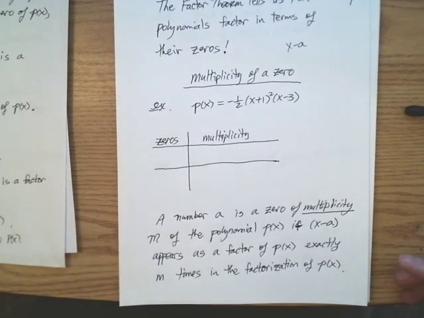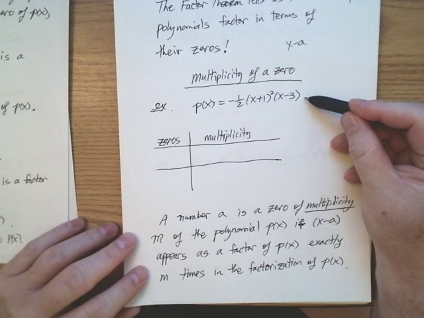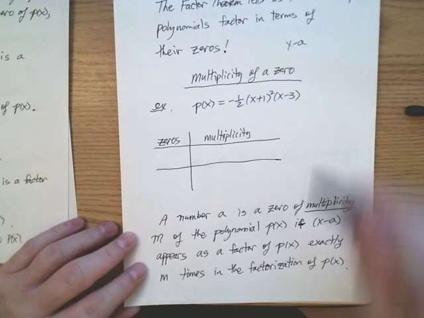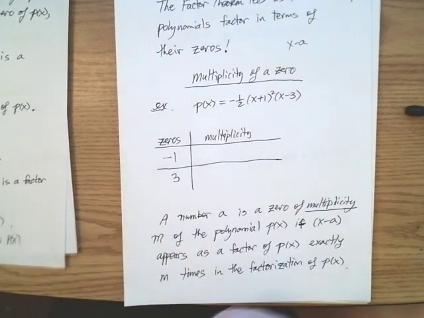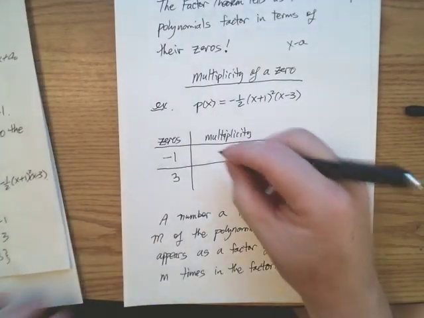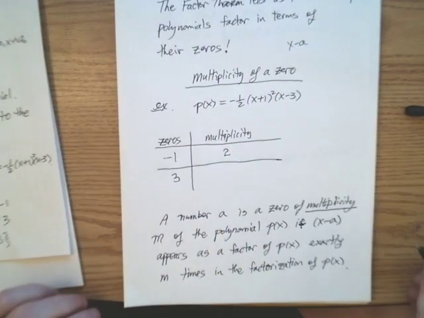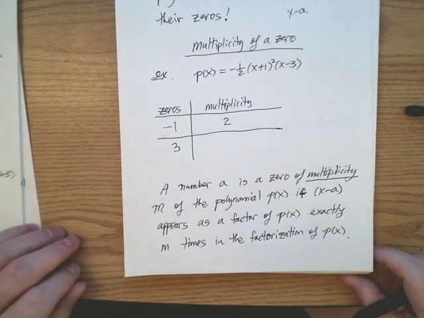This is something I mentioned just a few minutes ago. Let's come back to the exact same polynomial I had before. The zeros were negative 1 and 3. If you go back and look, negative 1 occurred twice. So we say negative 1 has multiplicity 2 as a 0.